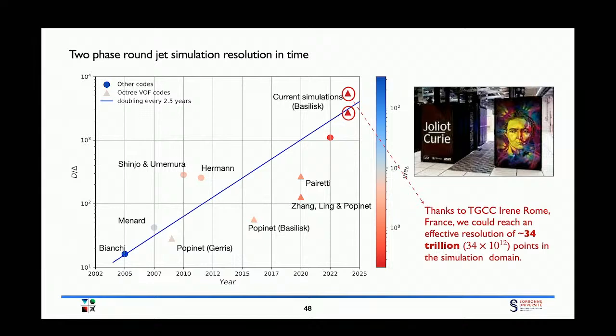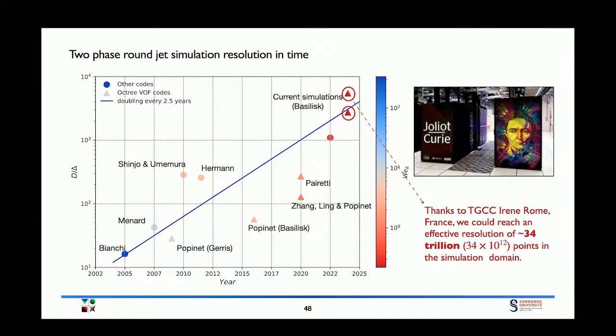To the best of our knowledge, these are the most highly refined simulations of this kind of atomizing pulsed jet. Thanks to the supercomputing grant at TGCC Irene Rome, we were able to reach up to 34 trillion points effective resolution. Of course, we have adaptive mesh refinement, but this is 34 trillion grid points in the entire simulation, an effective resolution of that nature.